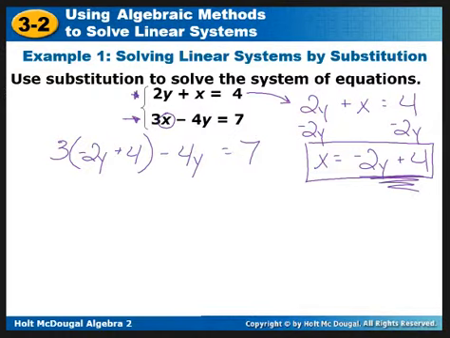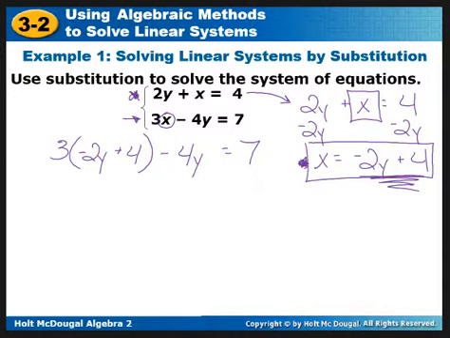So whatever equation you pick from the beginning, like we picked the top one, when I rearrange that and solve for one of the variables, I have to take whatever I'm using as my substitution and sub it into the other equation that I didn't use. And again, the reason we used the top one and solved it for x is because x was probably the easiest thing to work with because it didn't have a coefficient or a number in front of it.